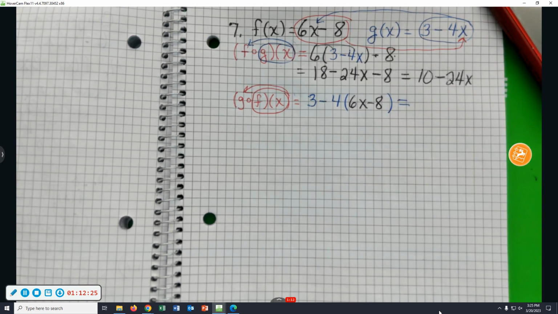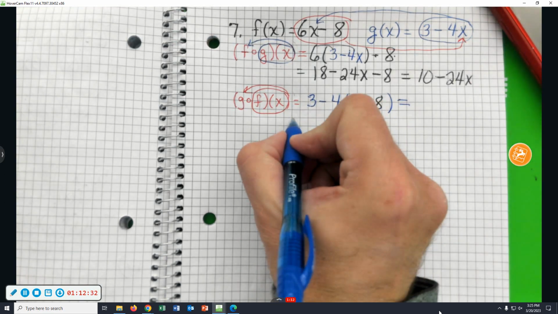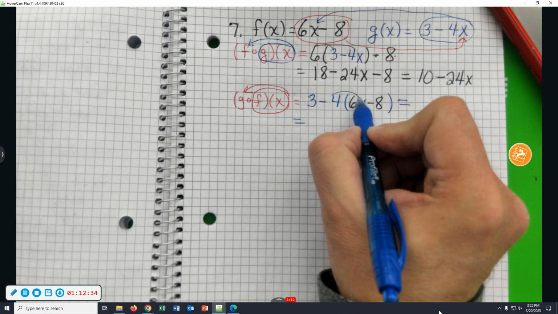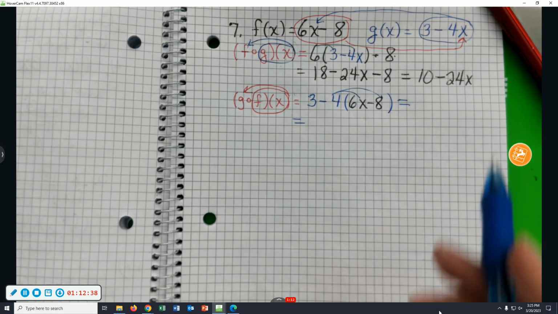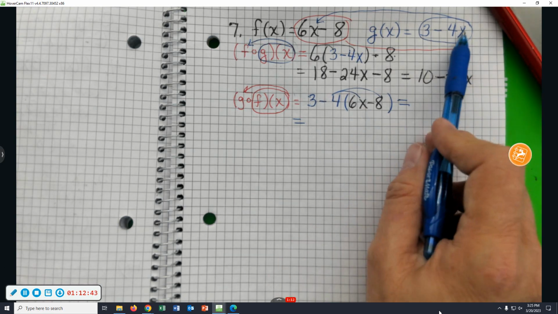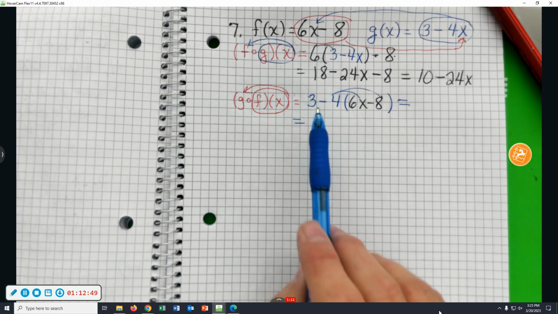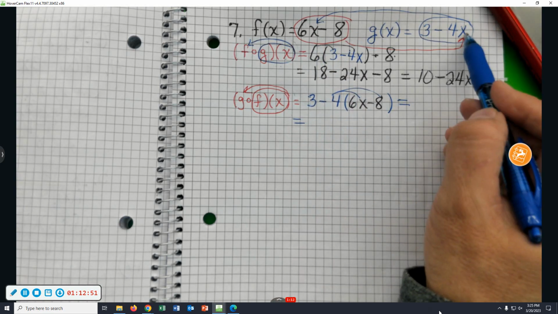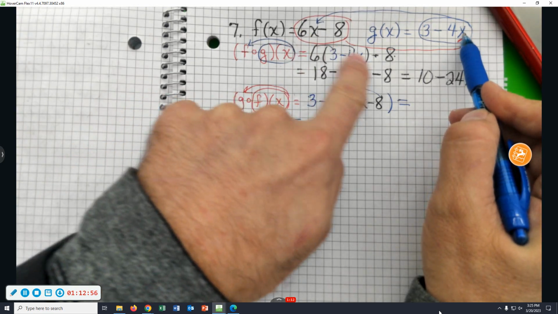And now how do I simplify that? Well, don't subtract the 3 and 4 first. What am I going to do? Distribute. I'll replace the blue x with this stuff here. That's where the black x or the blue x is gone. I've got 3 minus, in place of this x, I'm putting function f.